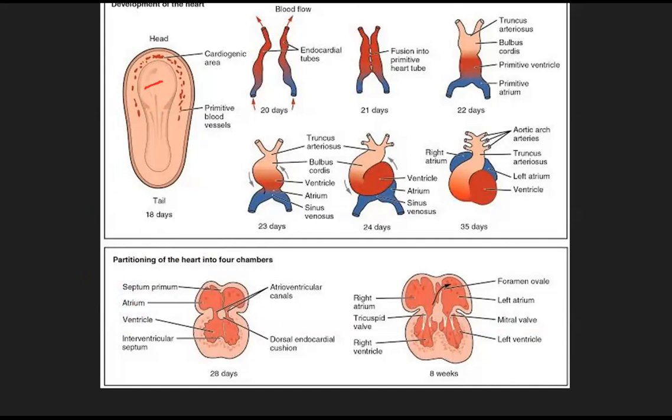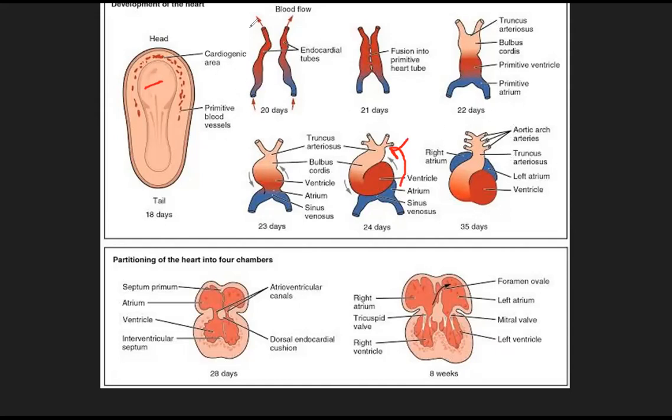Where is my pen? Here. This bulbous cordus area will move down, and this ventricle and atrial portion will move up, and then this atrial portion will move more up. Like this, the heart will form.